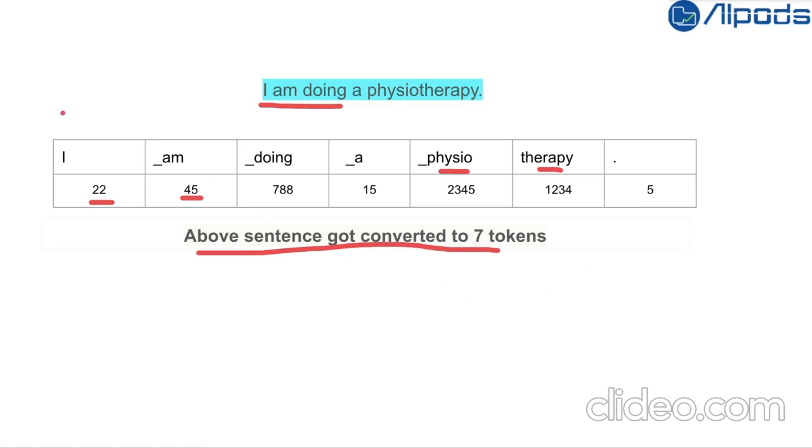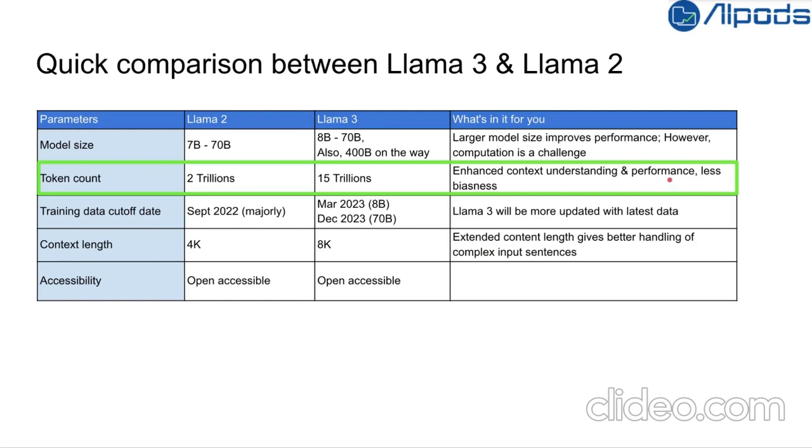Of course, how it is mapped and how these vocabularies get developed is a different subject, and a whole new session would be required if I got into that. But through this example, I'm trying to explain the essence of tokens and why they matter.